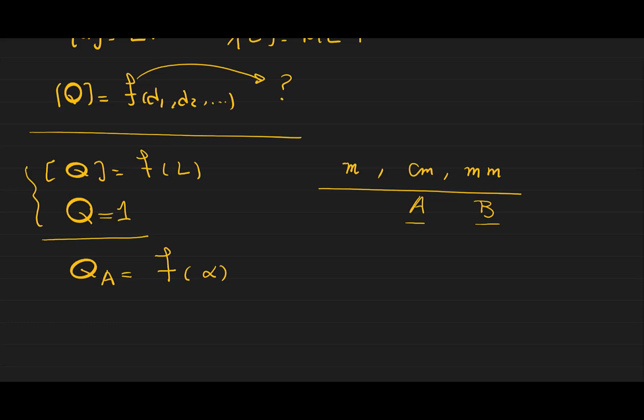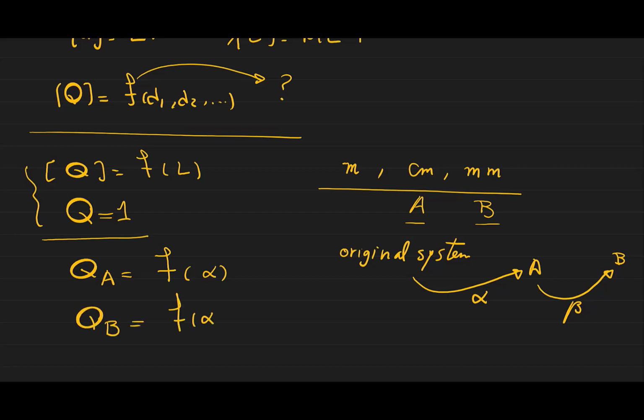I mean, in the original system, the unit length is alpha times larger than A. The system A unit length is beta times the system B. Then q_A is f of alpha and q_B is f of alpha beta, because the unit length in the original system is alpha beta times the unit length in the system B.